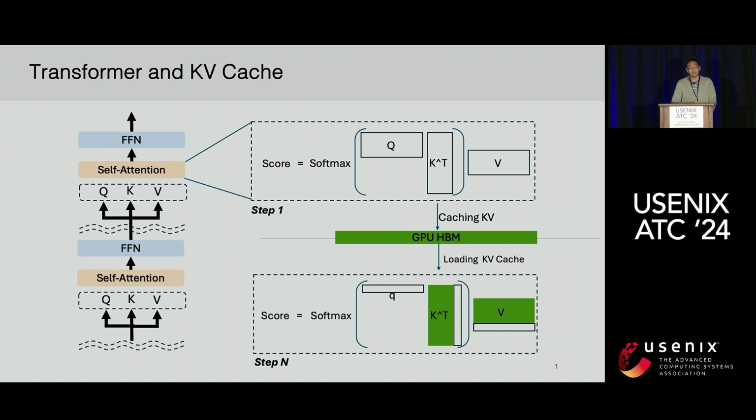So Transformer has been a successful architecture for generative applications. A transformer model usually consists of several transformer layers, and each layer is composed of self-attention and FFN modules. Self-attention is the core mechanism of the transformer model.